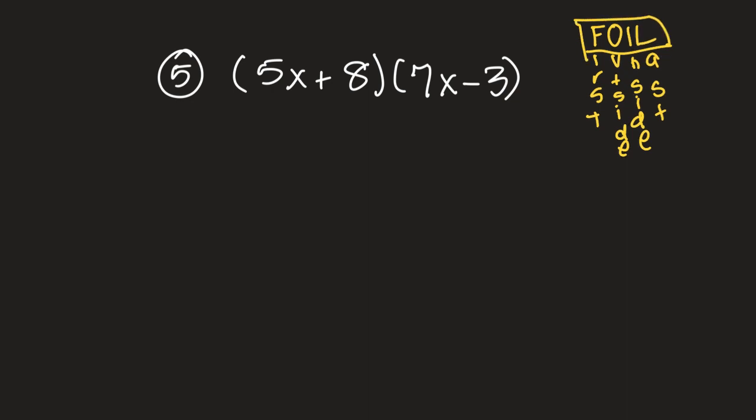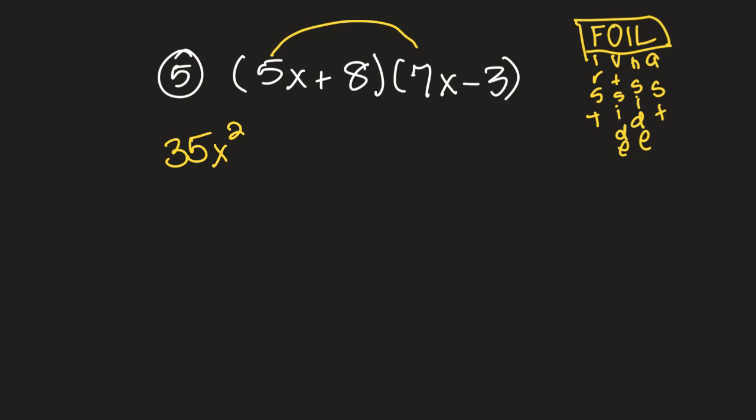So we're going to first multiply 5x times 7x. 5 times 7 is 35. Next, we're going to take x times x, and that means we can add our exponents, which are both 1s, so that's going to be x squared.